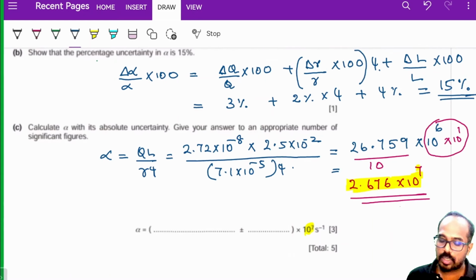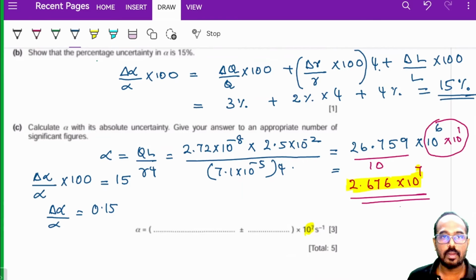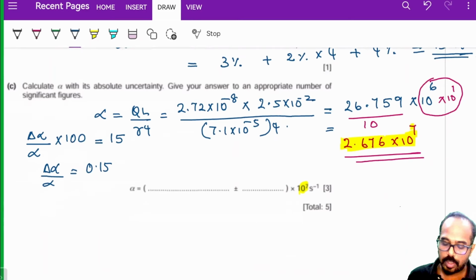Next, you need to find the absolute uncertainty in alpha, right? The fractional or percentage uncertainty is 15%, which you calculated previously. So delta alpha upon alpha is equal to 15 divided by 100, which is 0.15, right? What is absolute uncertainty? Delta alpha.